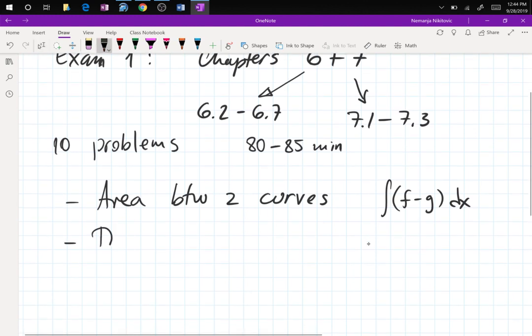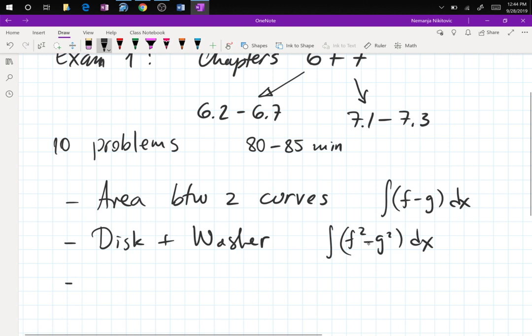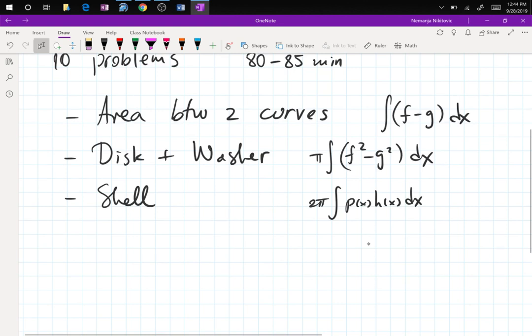Now you have disk plus washer, and that one would be f squared minus g squared dx of some sort. Then you have the shell, which has a 2 pi in front, 2 pi p of x, h of x. I understand that some of you just say x f of x, but this one has advantages as well.